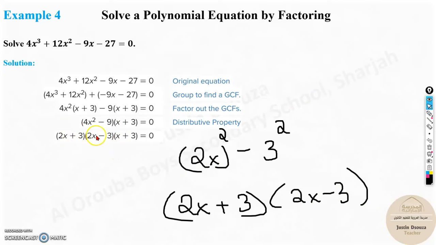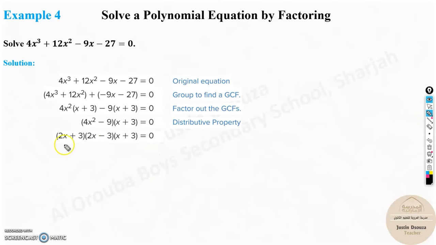Now you need to equate. What this means is all our factors, this multiplied by this term multiplied by this term, you will get 0, right? What does that mean exactly? If anything is equal to 0, one of these terms must be 0. We don't know which is the 0, so we equate all of them.